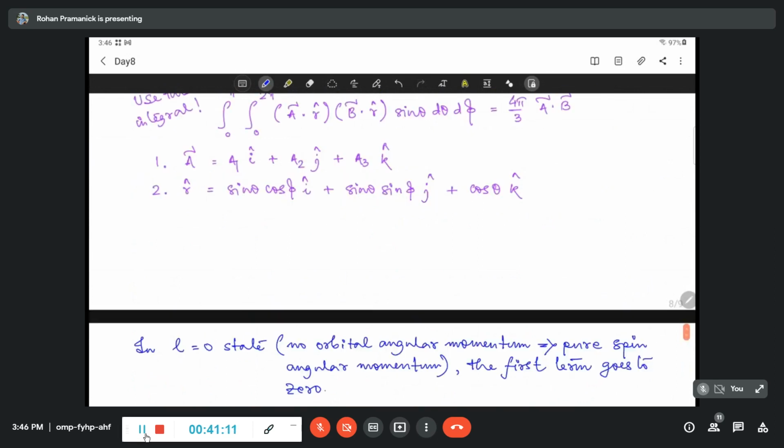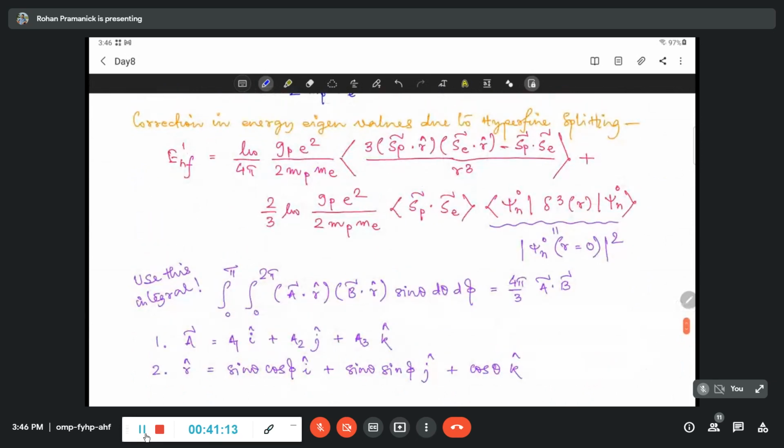And we are left with the second term. So the second term is nothing but 2 by 3.